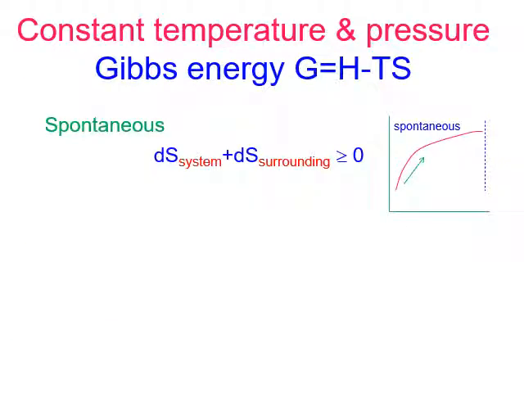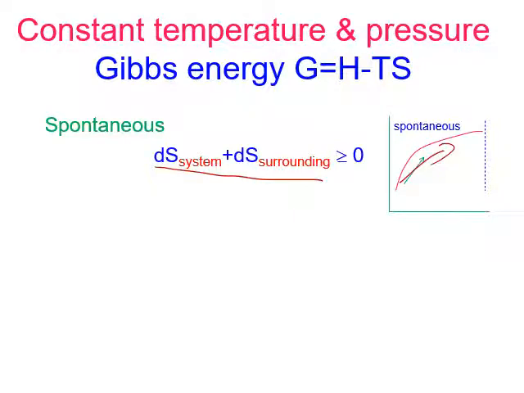The second law says for a spontaneous process, the total entropy should increase. So delta S total should be greater than 0.